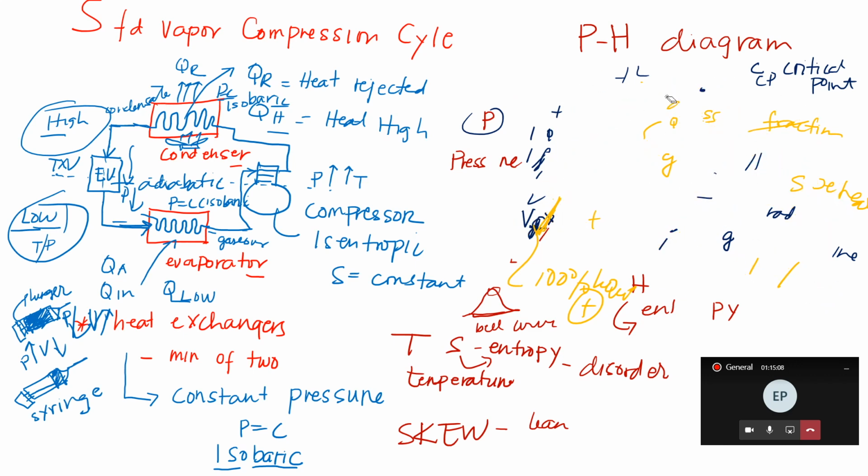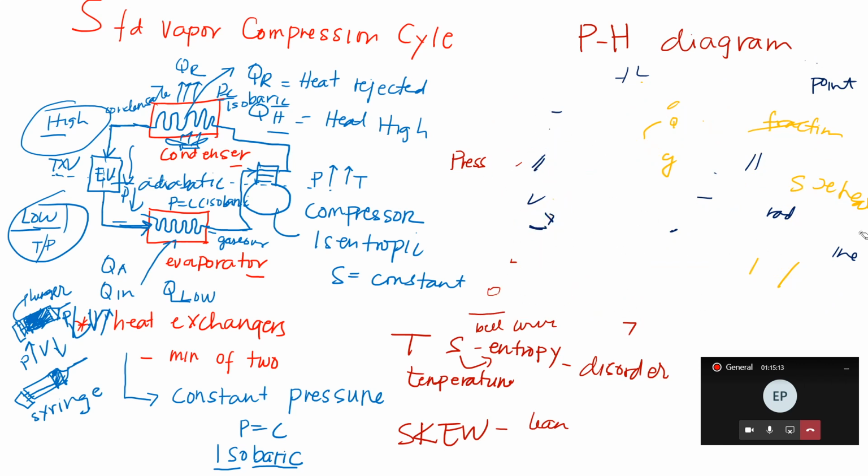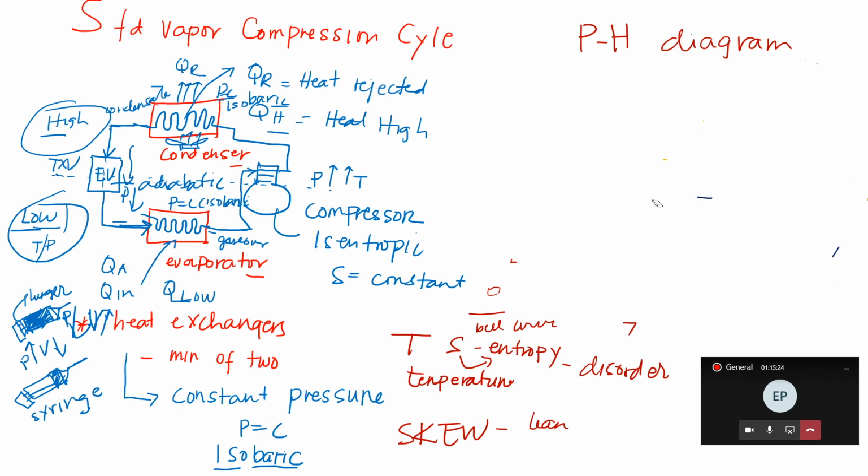We are going to repeat the lines of the pH diagram, and now we are going to label the components of the refrigeration system as they perform their role in the refrigeration system.